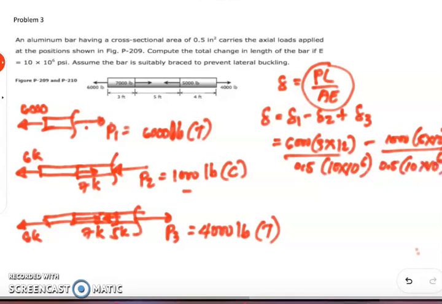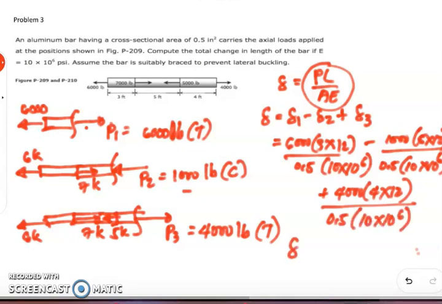And plus we have 4,000 times 4 times 12 all over 0.5 times 10 times 10 to the 6th. And our deformation now, the elongation, is equal to 0.0696 inches.